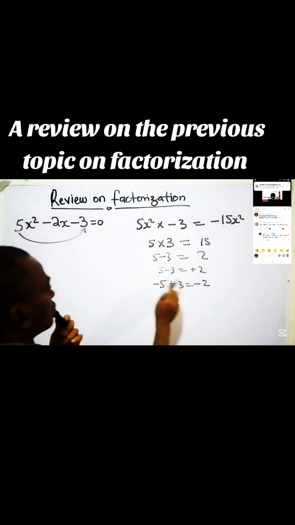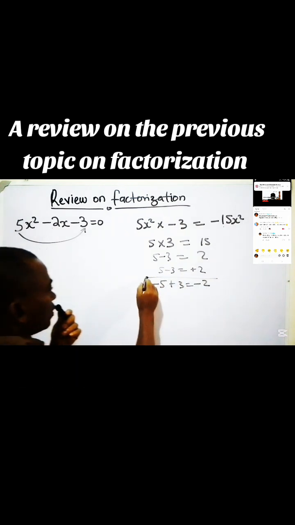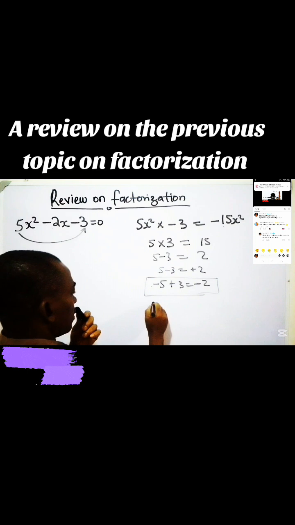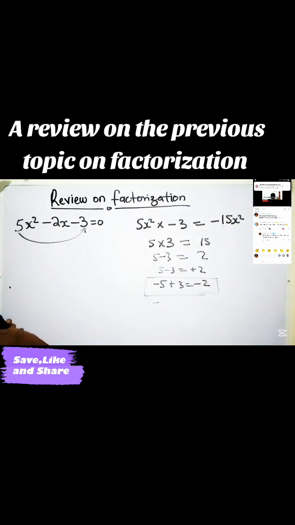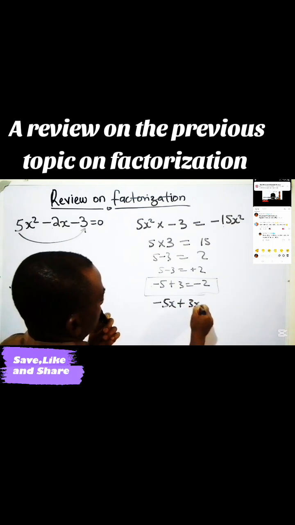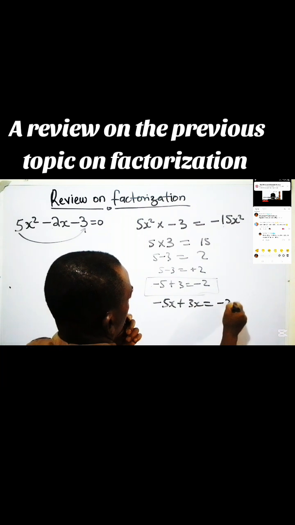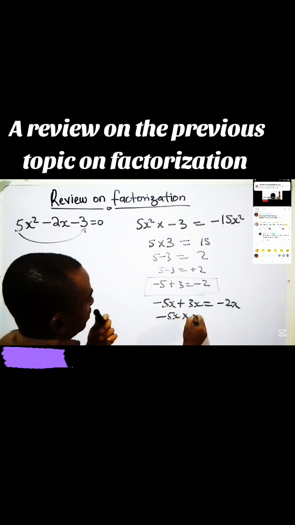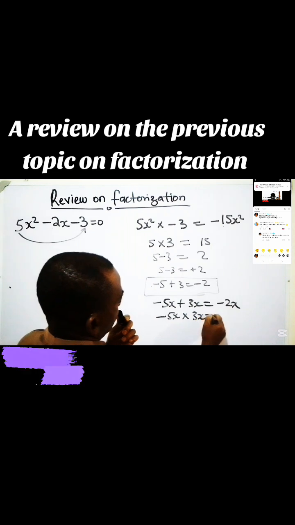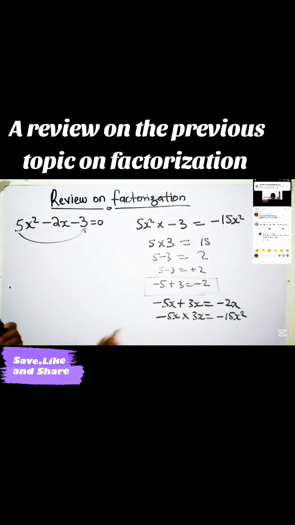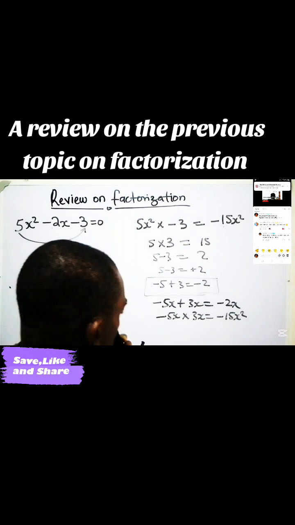So we use minus 5x plus 3x, which is equals to minus 2x, and minus 5x times 3x will give you minus 15x squared. You see now what I'm saying? Minus 15x squared.